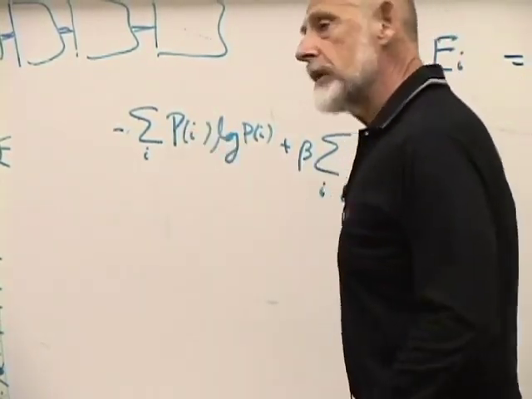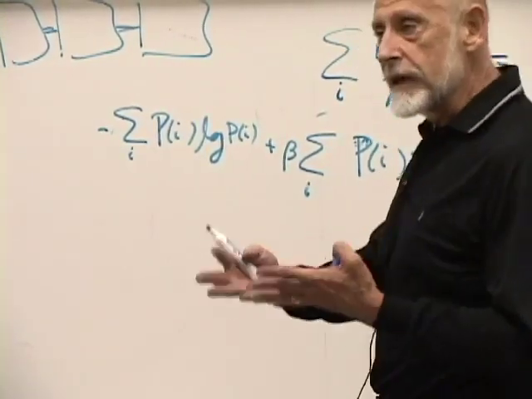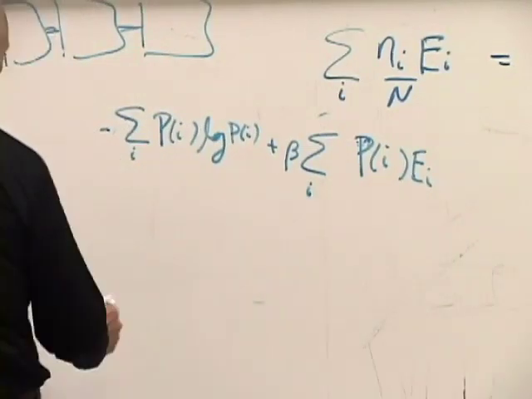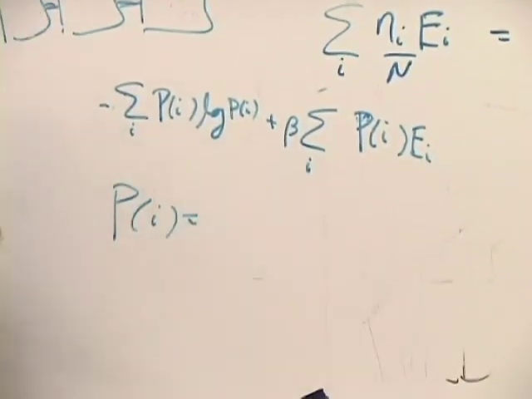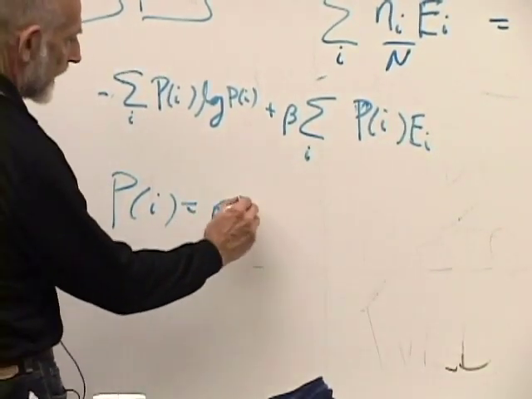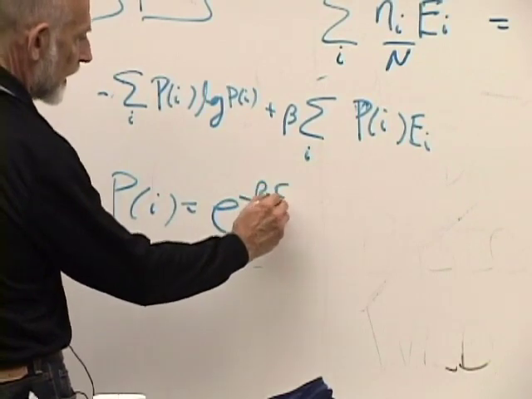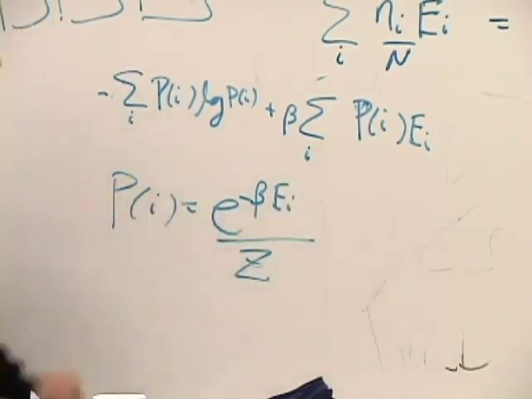We want to maximize the entropy subject to the constraint of a given energy, and if you remember, we went through it, and it gave us that P sub i is equal to e to the minus beta E sub i divided by Z. Z is just there to make the total probability add up to 1.